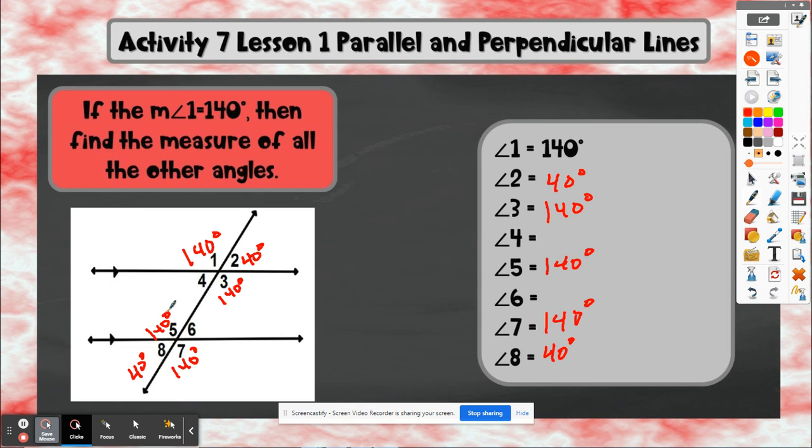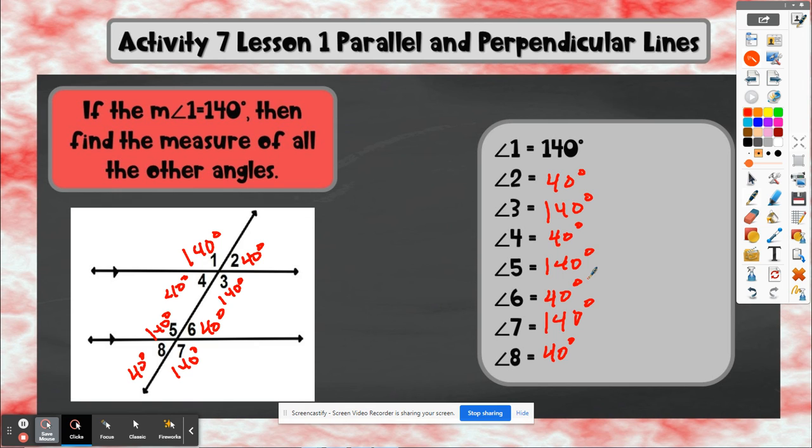Let's talk about 4 and 5. Same side interior. In our notes it said same side interior add up to be 180. So angle 4 has to be 40. And angle 4 and 6 are alternate interior, so that means that they are the same. So there's several different ways of doing this, but if I know one of them, I can do all 8.